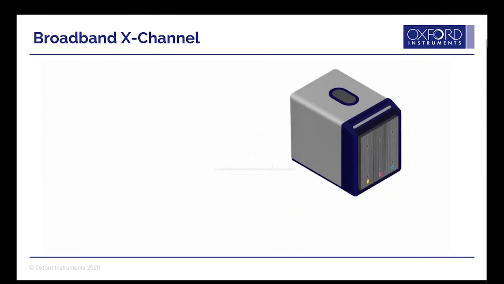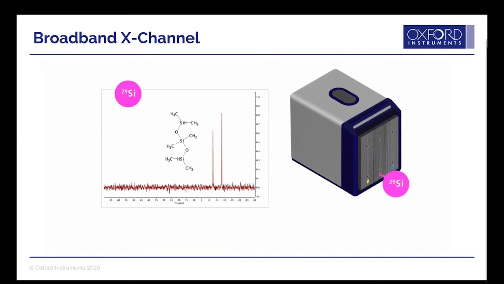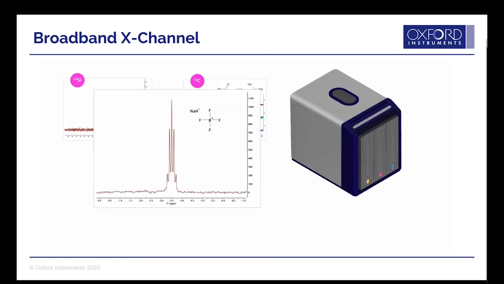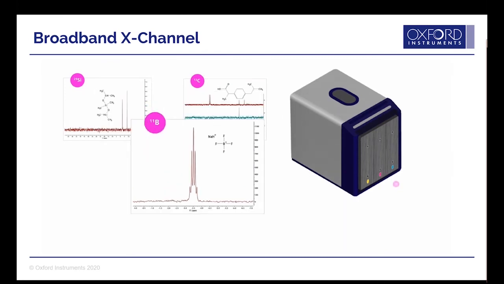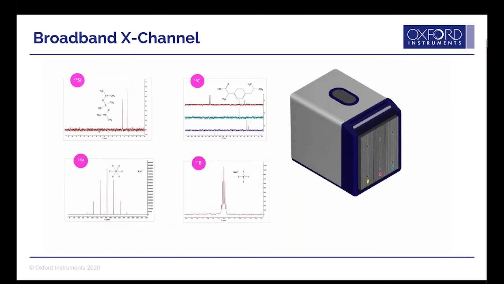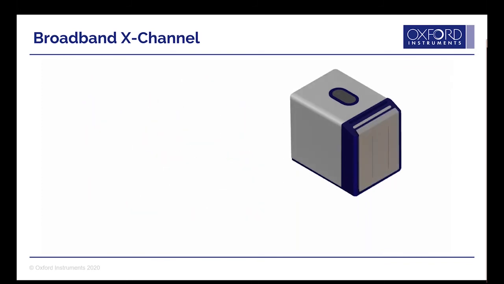You'll always have your proton X-pod, but then you can insert an extra X-pod that will allow you to access different X nuclei, whether that's 29 silicon, 13 carbon, 11 boron, or 31 phosphorus, or actually a whole range of X nuclei on a single X-pod, giving you the ability to analyze all nuclei between 29 silicon and 31 phosphorus in frequency.